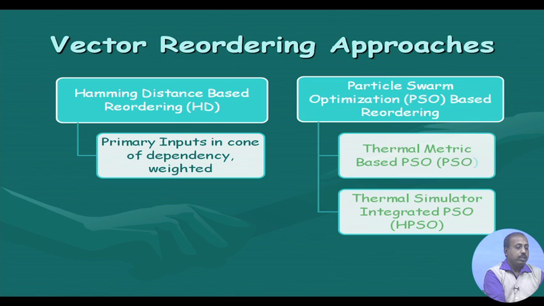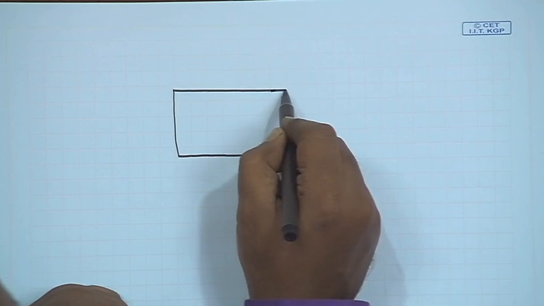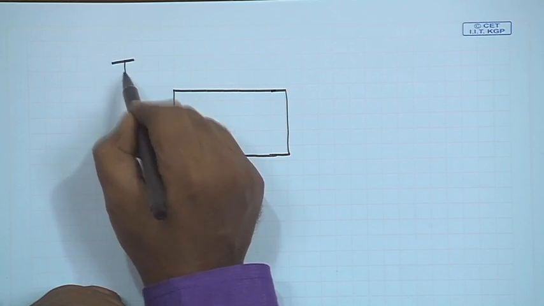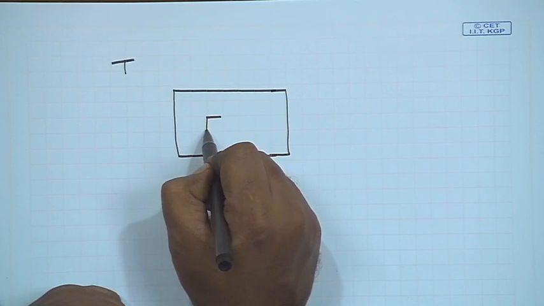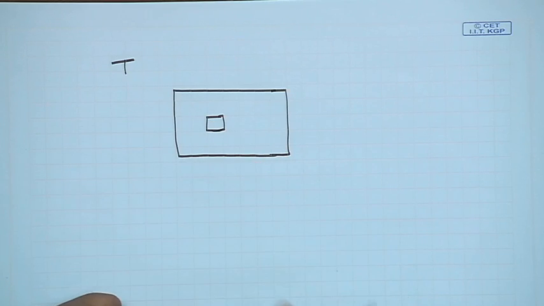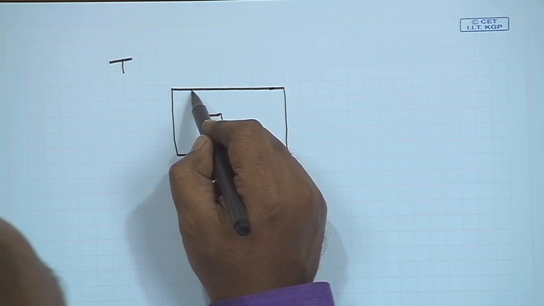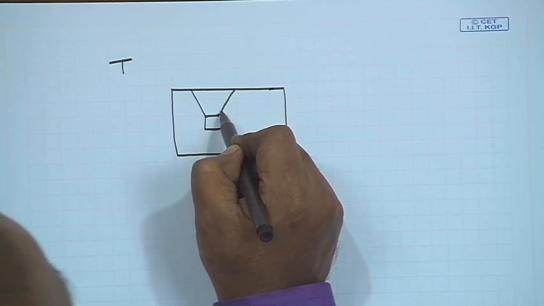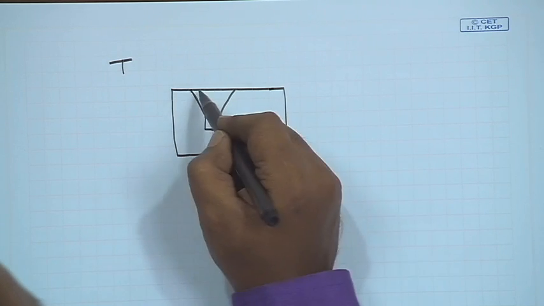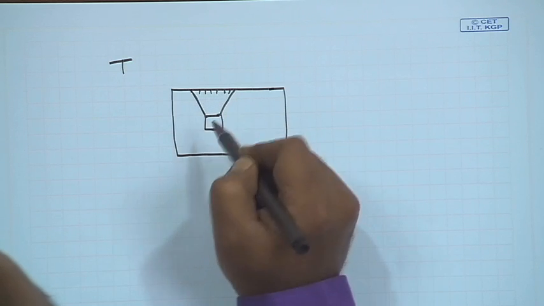So, what we do is compute this in the Hamming distance based approach. We find out the primary inputs in the cone of dependency and the weighted part of it. If this is my circuit and for a given test pattern set T we find that this is the block which is becoming very hot, we figure out the cone of influence, the primary input cone on which this block depends.